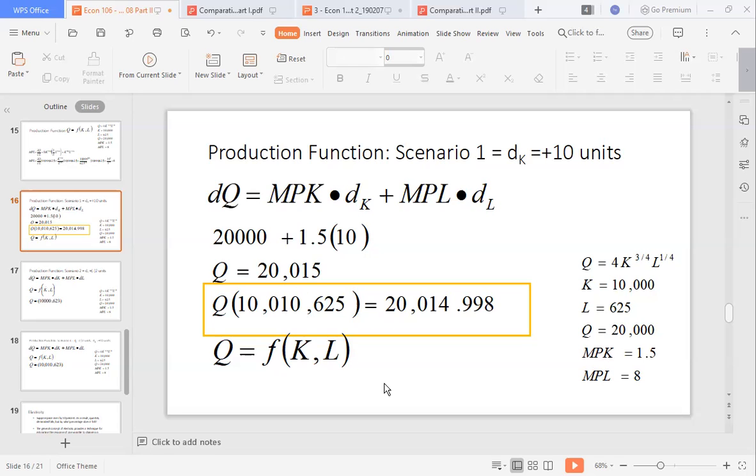Pero yung 20,000, ma'am, bakit merong 20,000 dyan kung wala naman sa formula? Okay. This is our Q here. Tapos kapag may change na ng L, we just have to plus 20,000 pa rin ba or hindi na, ma'am? Yes, because we're starting off with an output that is equal to 20,000.